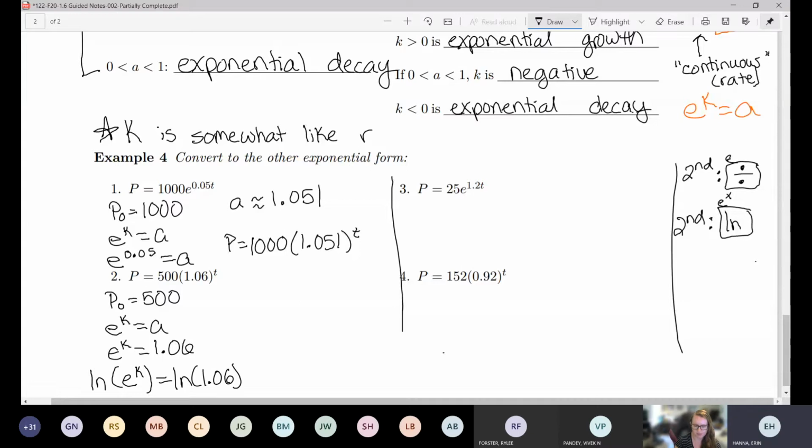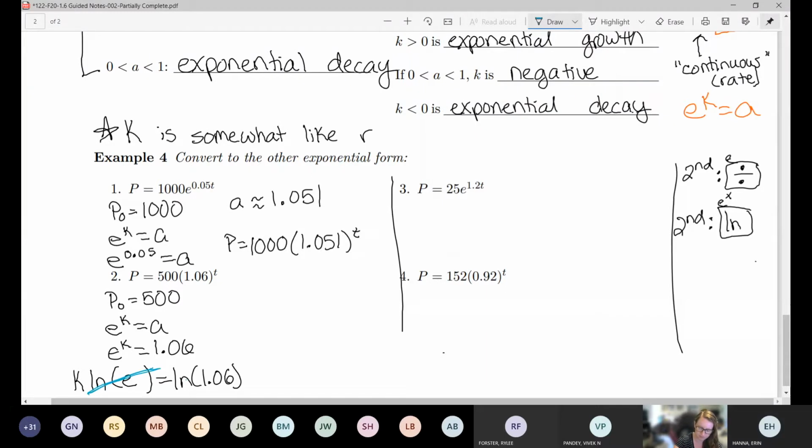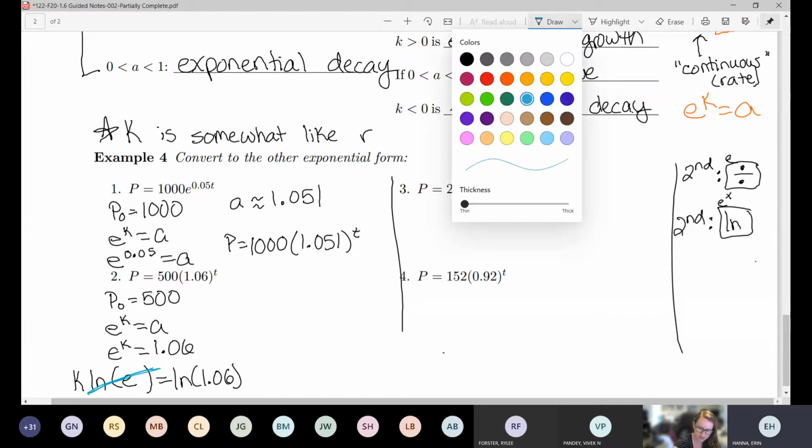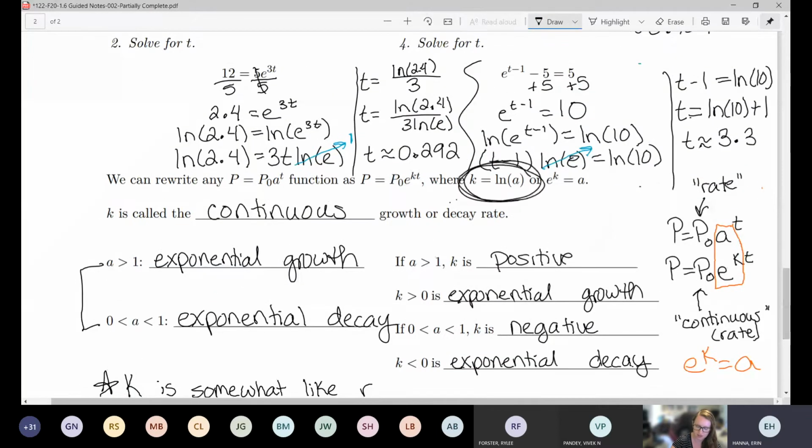So if we take the natural log of both sides, now I'm going to erase something and put it on the same line because I've run out of space. Once you take the natural log of both sides, then you'll bring the k out front. If we treat the natural log of e as 1, because it is, then we just have that k is going to be equal to the natural log of 1.06, which is one of the other relationships we were given.